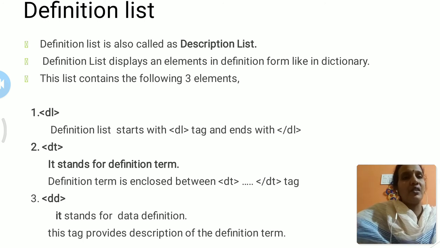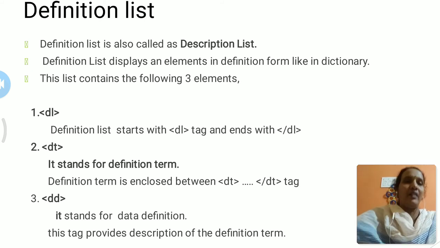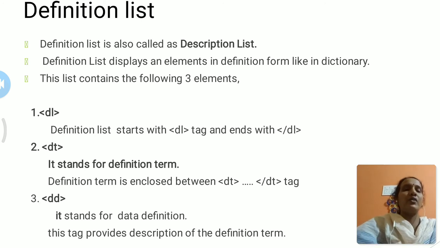This type of list you can observe in a dictionary, where you get one word and in the next line the definition of that word. That is nothing but the definition list, description list. So on the web page, if you want to create a page in a dictionary format, then we will use the definition list. Understood? In the definition list, we have 3 tags: DL, DT, DD.